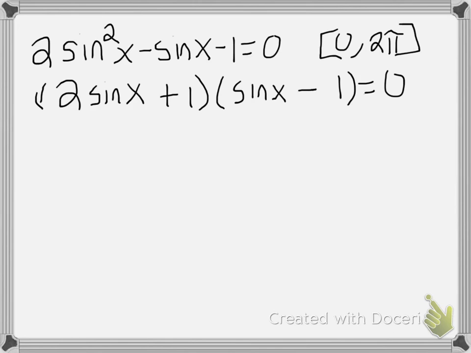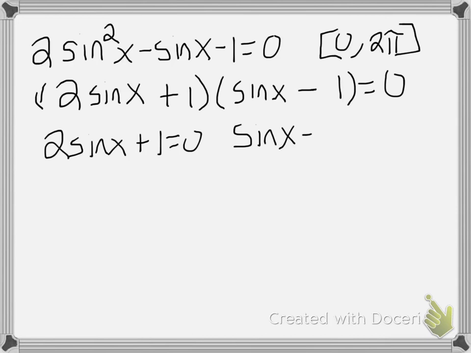All right, so now, just like you did with the last problem, we're going to set each of these factors equal to 0. 2 sine of x plus 1 equals 0, and sine of x minus 1 is equal to 0.